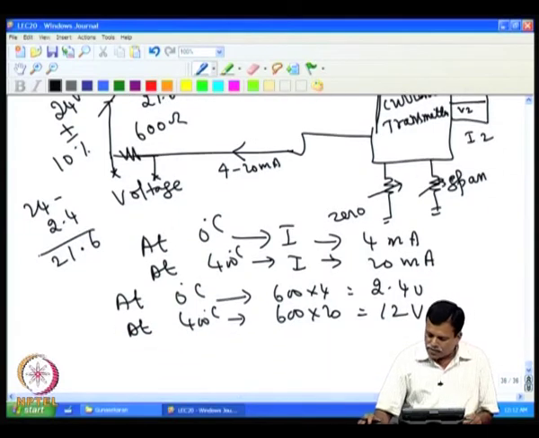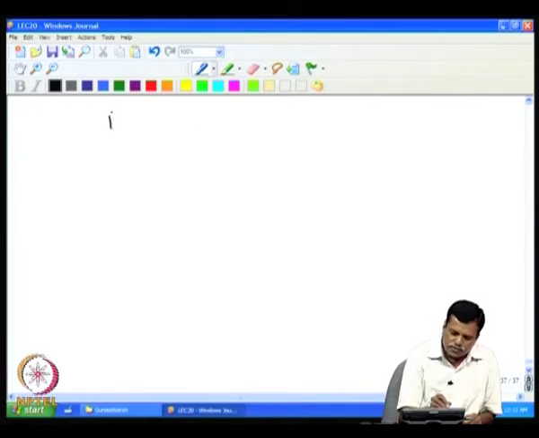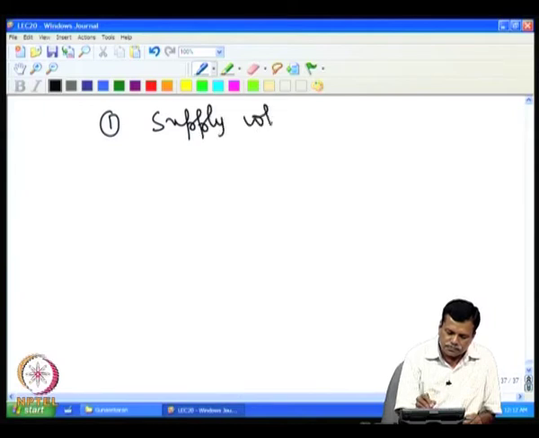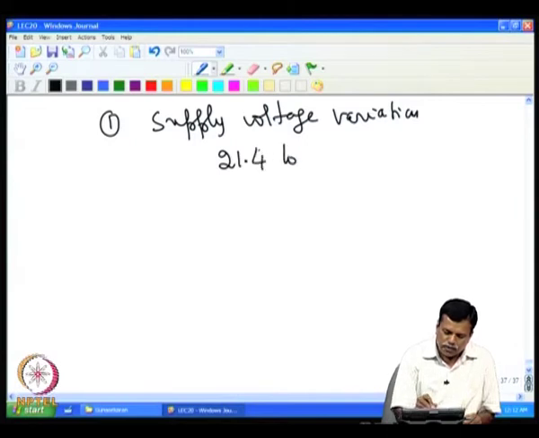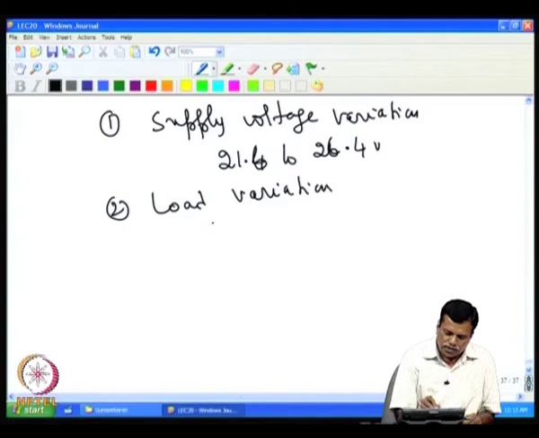So, the variables in this design are: one, supply voltage variation, that is from 21.6 to 26.4 volt, and then load variation. Load can vary from 0 to 600 ohms, not more than 600 ohms.